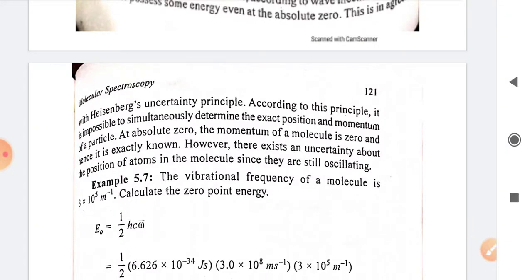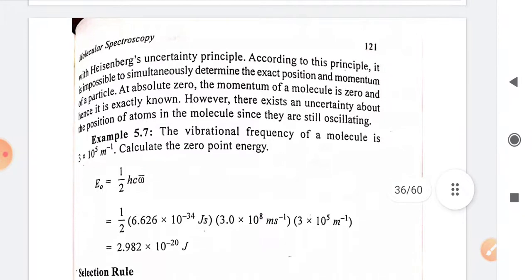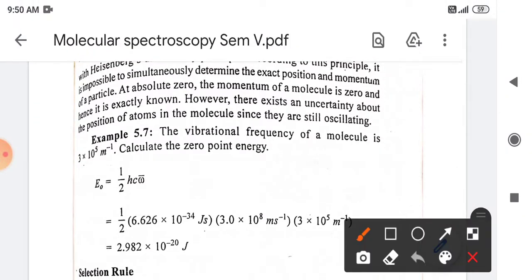Out of that, one is Heisenberg's uncertainty principle. According to this principle, it is impossible to determine simultaneously the exact position and the momentum of a particle. Likewise we can say that the motion and the force constant or reduced mass will define the zero point energy in the given molecule.